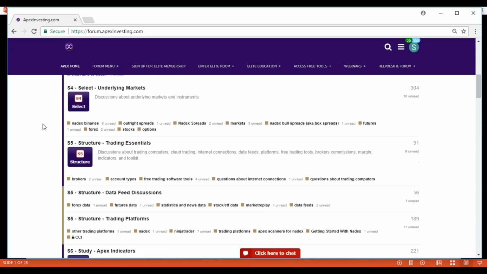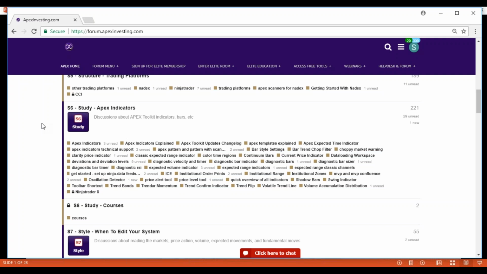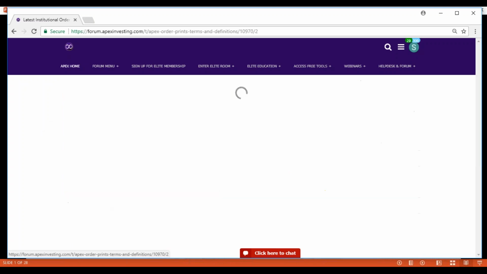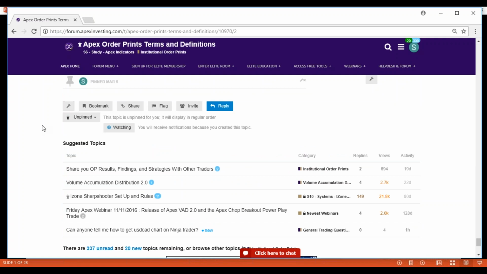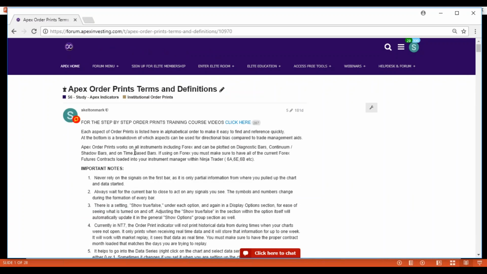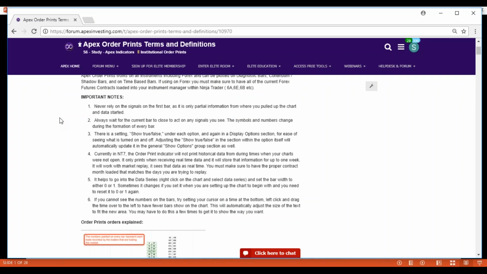If you're in the forum and you go down to S6, under Apex Indicators, Institutional Order Prints, I want to make sure you understand this section and know how to go through it. And right here, terms and definitions. This is where you can read about order prints and understand order prints.